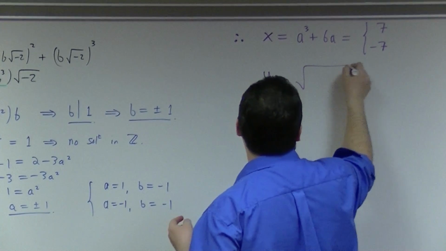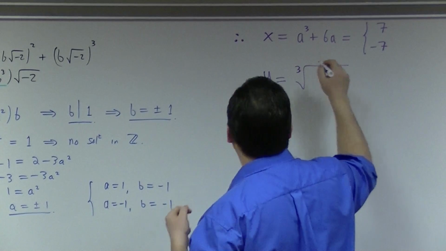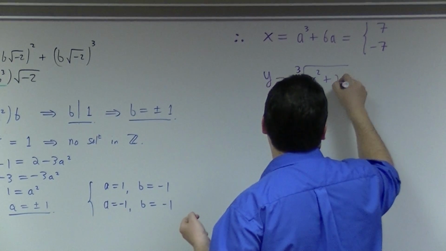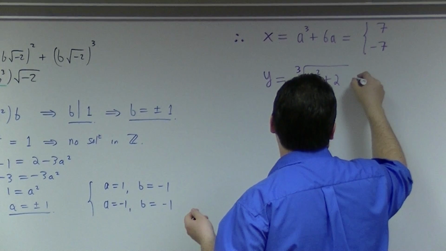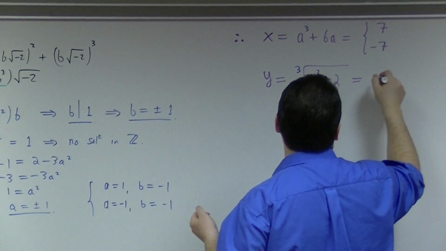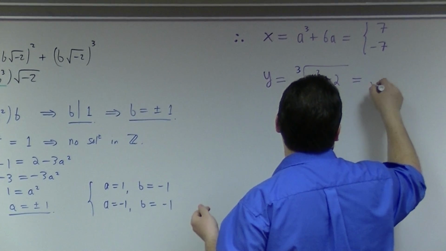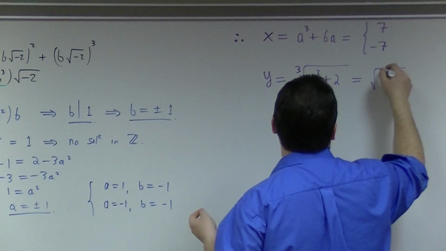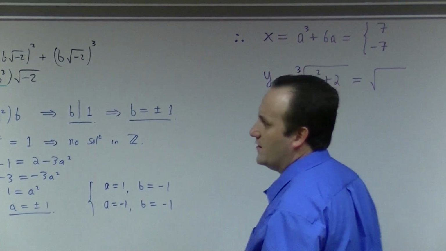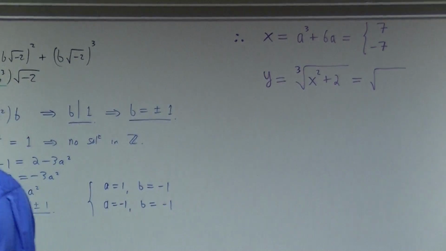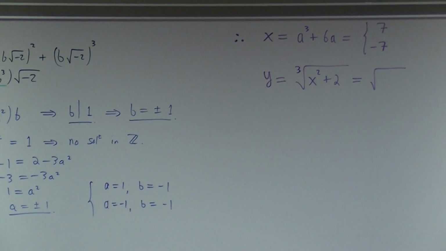So y is equal to the cube root of x squared plus 2, apparently, which is the cube root of 51. I did something wrong here. That was supposed to be 5.